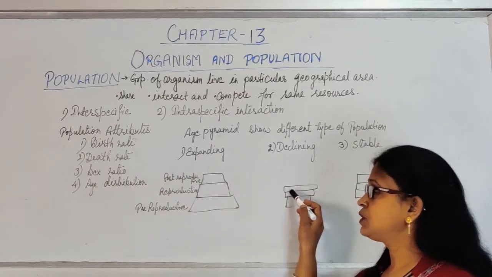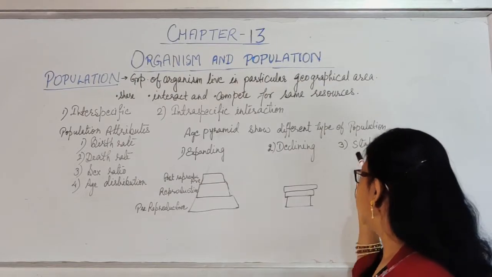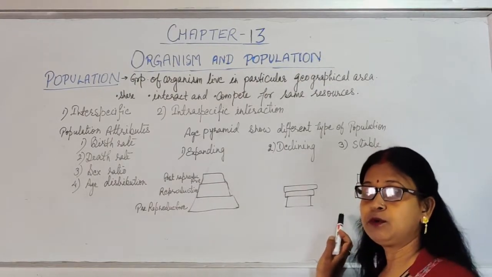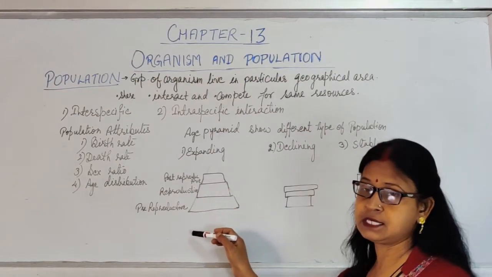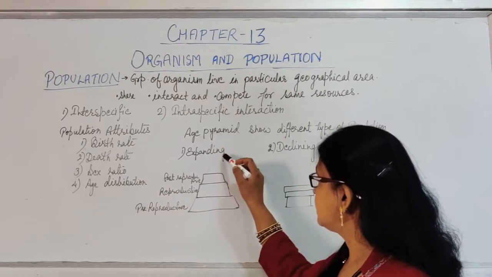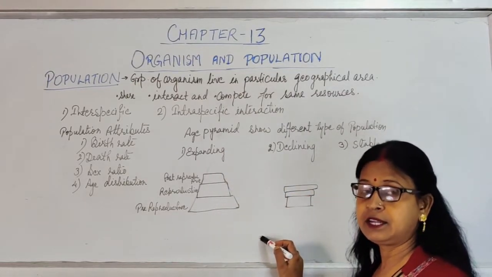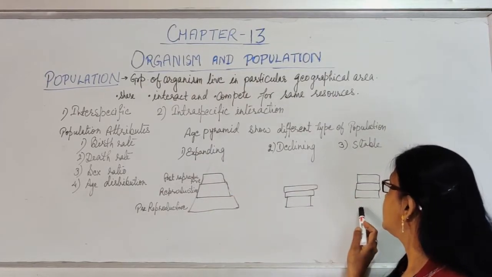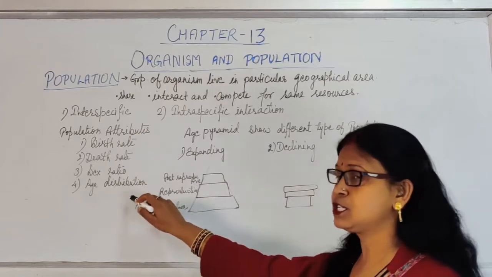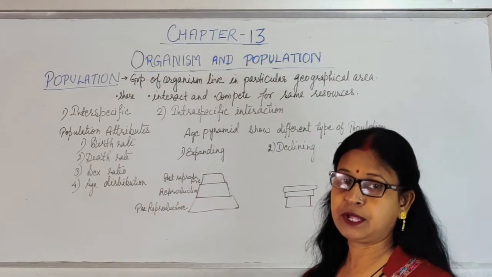That means in future the population will decrease. Third is stable, in which almost equal numbers of individuals are present in all three stages. So this is known as the age pyramid, and there are three types, that is expanding, declining and stable, depending upon the age distribution of the individuals in that particular locality.